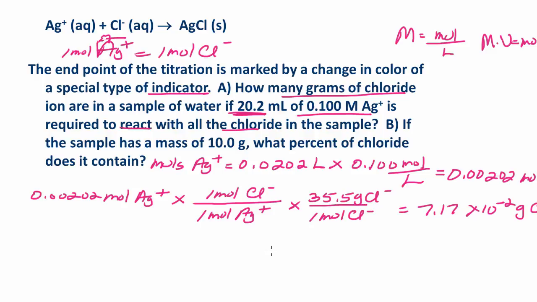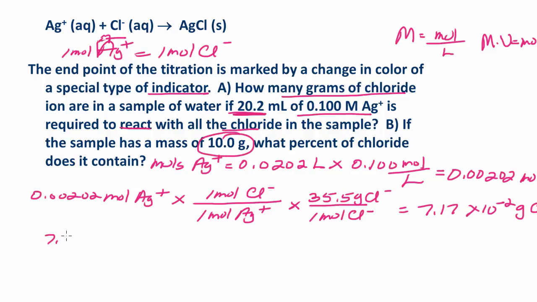So what about part B? Well, what we want to do is calculate the percentage of chloride in the sample. So we need to compare the amount of chloride in the sample with the original mass of sample, which we were given in the problem.